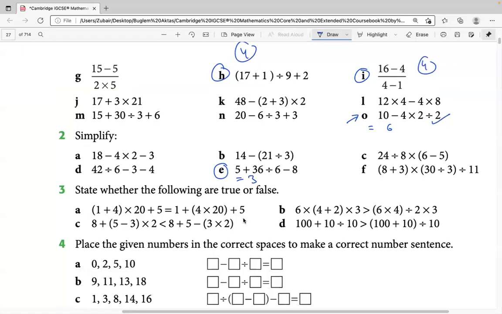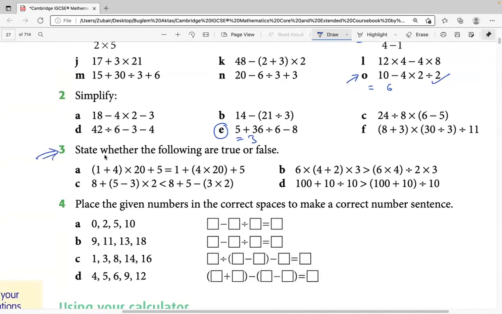Okay. Do you know what this statement means? State whether the following are true or false. Yes. So how would we do? We'll solve both sides and see if it is true or not. Let's try this D part.